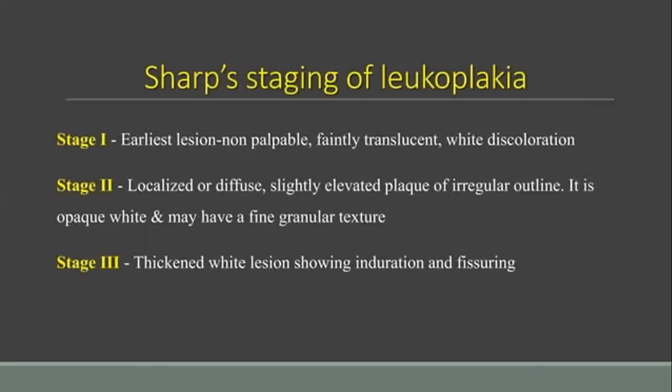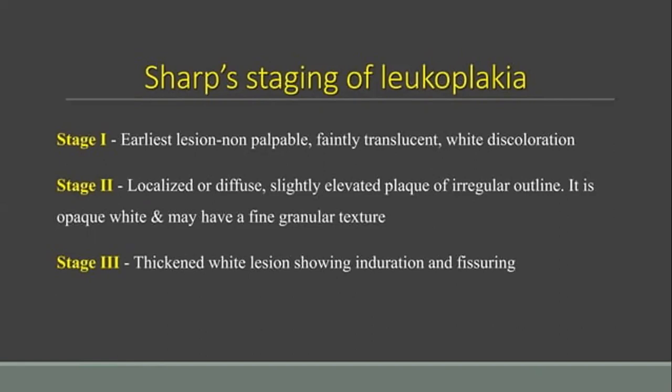So let's see. Sharp staging of leukoplakia. Stage 1. So Sharp says that leukoplakia could be staged in three, and the first stage is the earliest one. It is non-palpable, faintly translucent, and a white discoloration could be noticed.